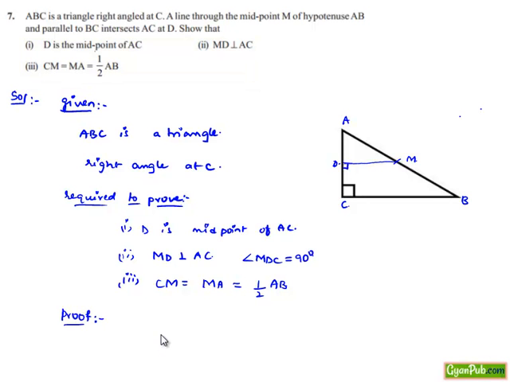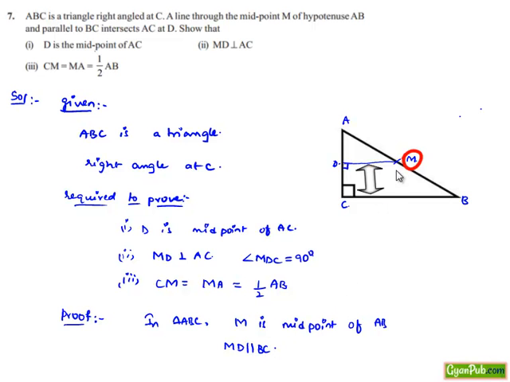In this, let us consider triangle ABC. In triangle ABC, we know that M is midpoint of AB, and he says that a line through midpoint M of hypotenuse AB and parallel to BC intersects AC at D. So we can say that MD is parallel to BC.